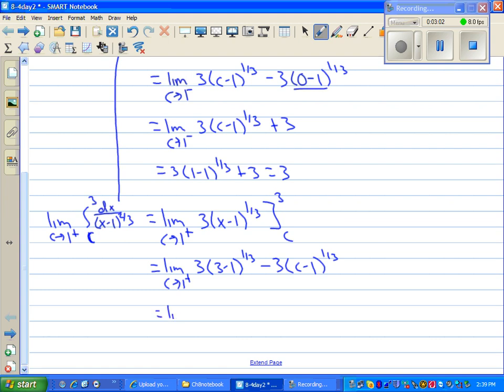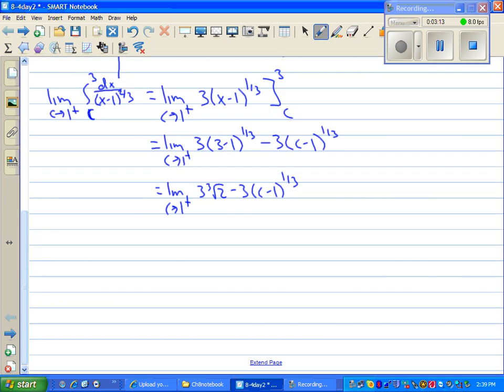So we have the limit of 3 times the 3rd root of 2 minus 3 times (c minus 1) to the 1/3. Now we can finally plug 1 in for c, and that gives us 3 times the 3rd root of 2 minus 3 times (1 minus 1) to the 1/3. Now the right side in this case is going to be 0, so we're left with 3 times the 3rd root of 2.